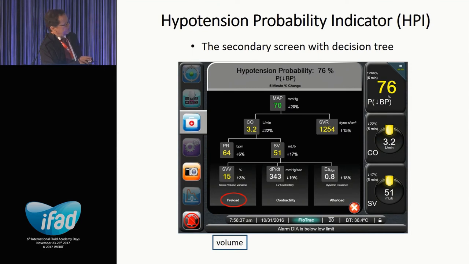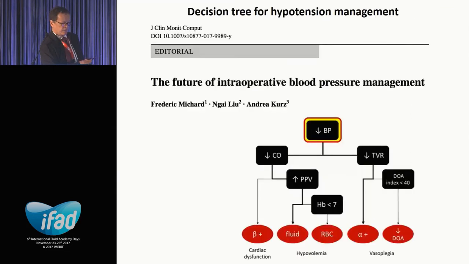This gives you information about the contractility, and you might consider giving an inotrope if this is low. Or it looks at the arterial dynamic elastance, which I spoke about in the first part of my talk, which gives you information about the resistance of the arterial load. And if this one is low, you might consider giving a vasopressor.